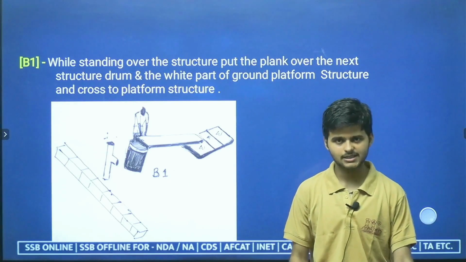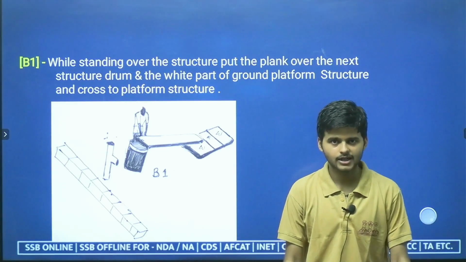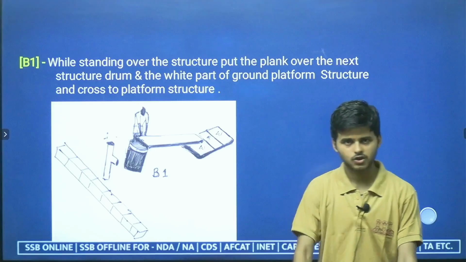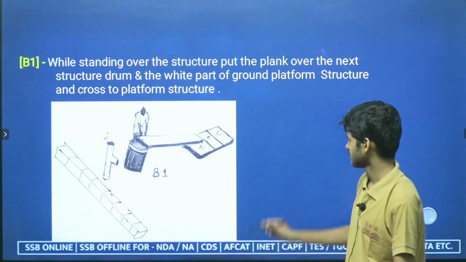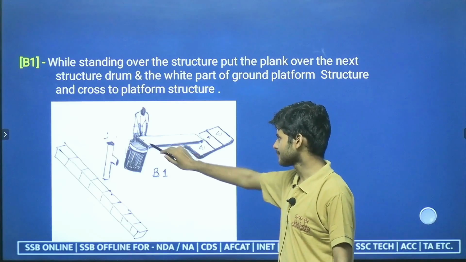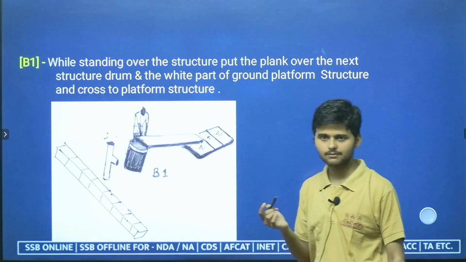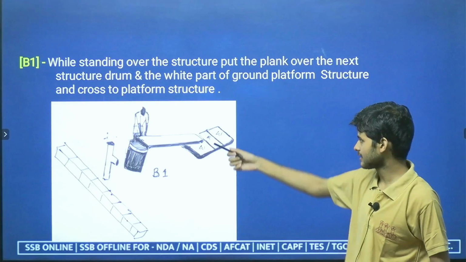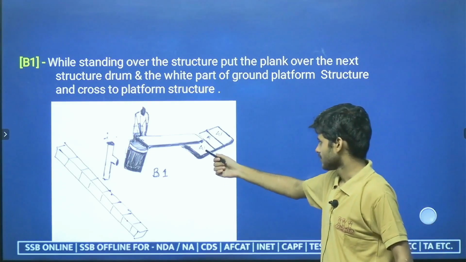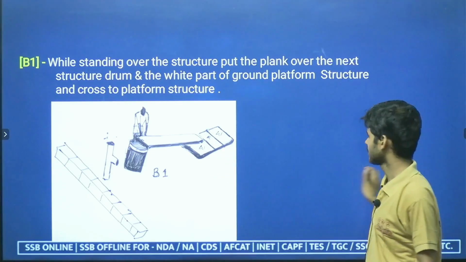So it is advisable that the candidate should be cool and calm and should move forward calmly so as to complete the structure. The candidate has kept the wooden plank in a slightly inclined position on the white color so that no violation occurs and they are able to go ahead safely.